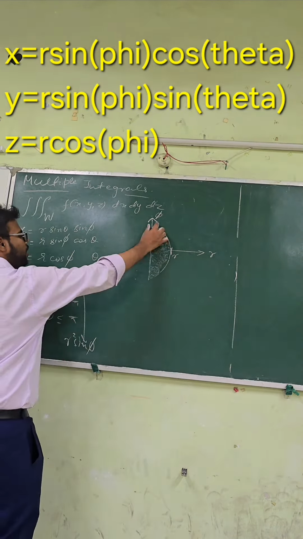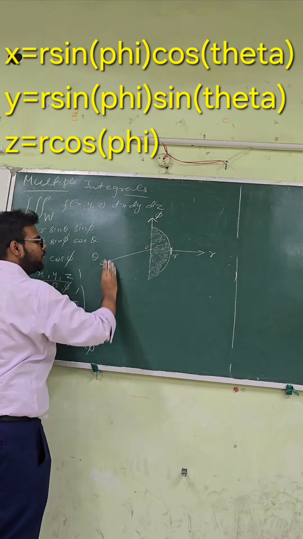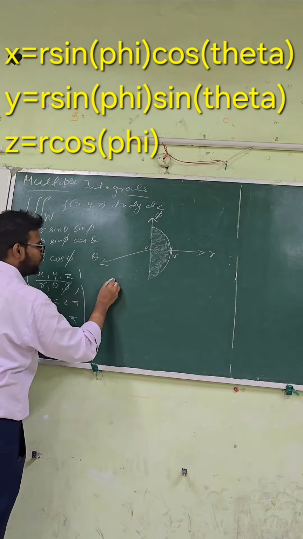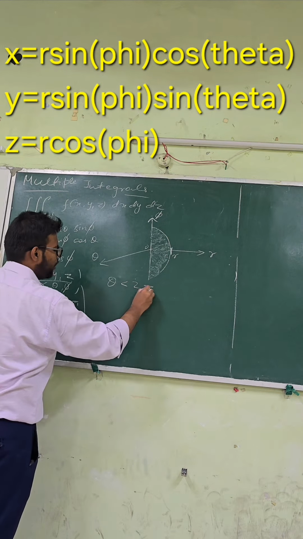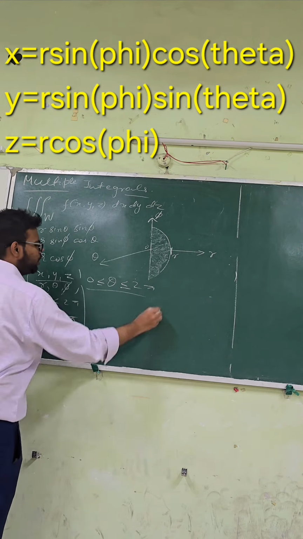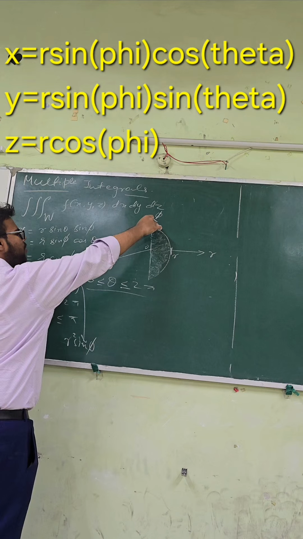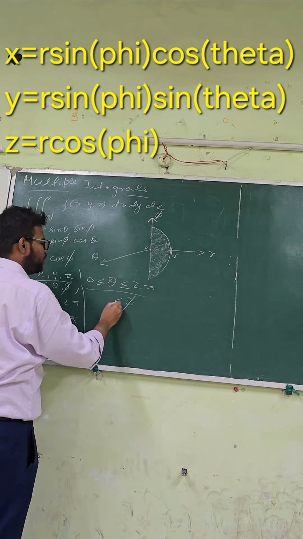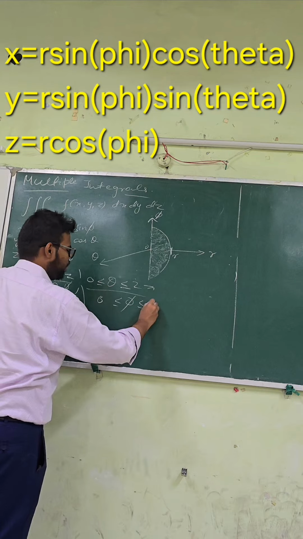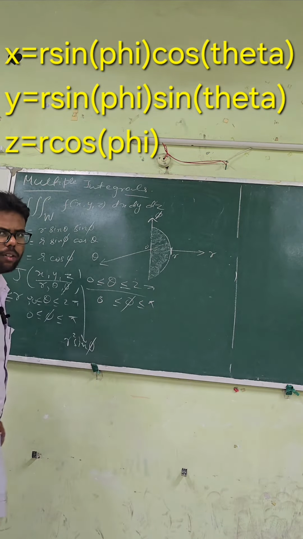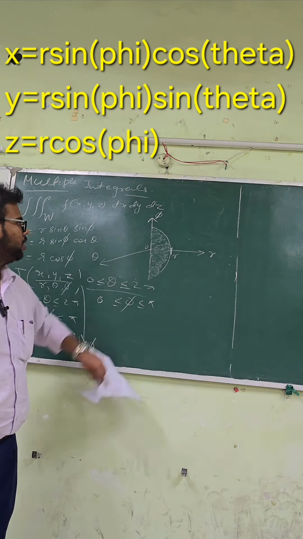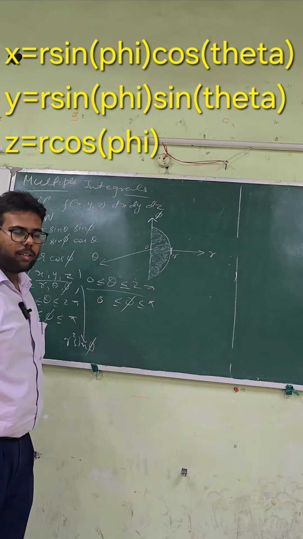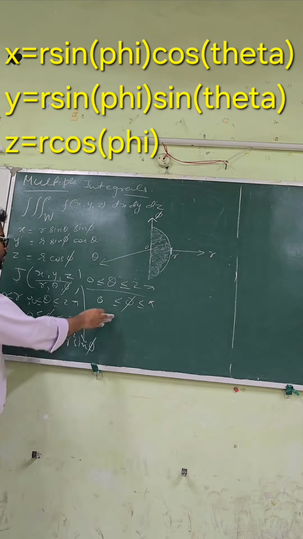In this case you will take the semicircle and rotate it 2 pi, 360 degrees. So theta will range over 2 pi, and phi is 180 degrees, so phi lies between 0 to pi, and r is from 0 to r. We are concerned about the volume of this sphere right now, so that is why we put limits like this.